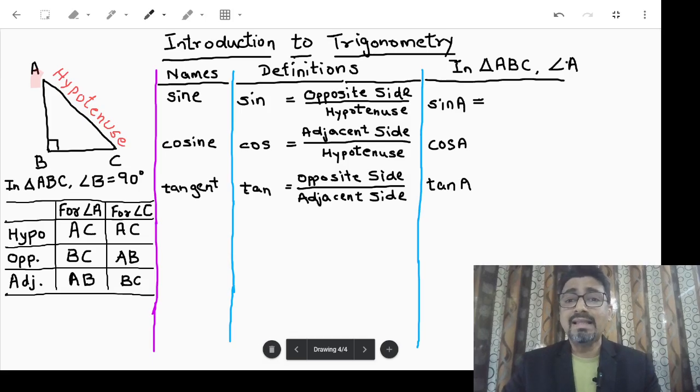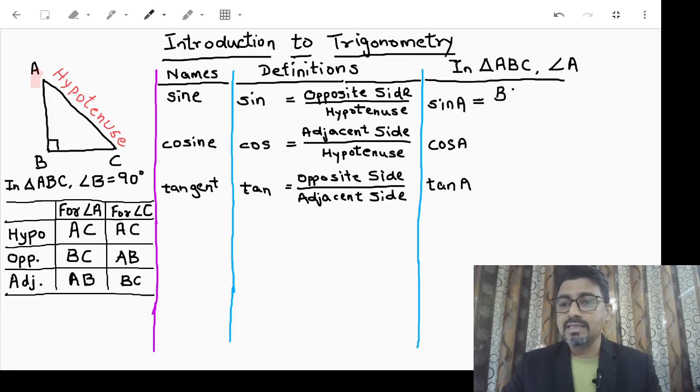So for angle A, let's look in the table. What is the opposite side? BC. What is the hypotenuse? AC. So by definition sin A will be BC upon AC.